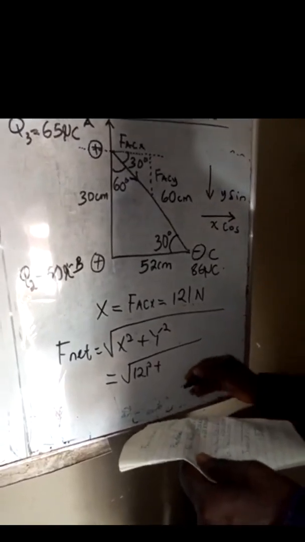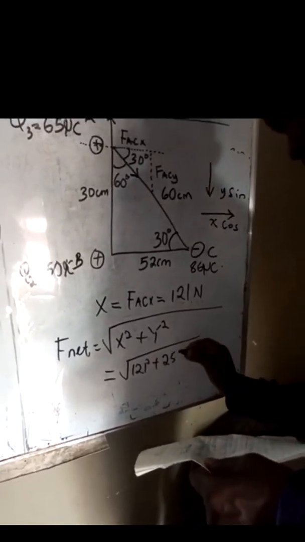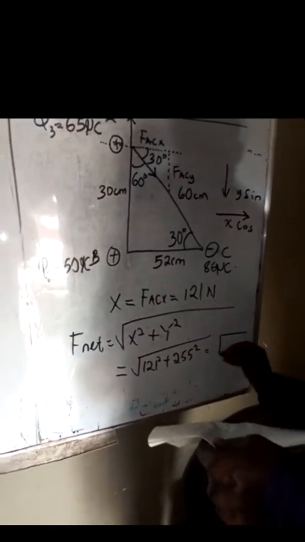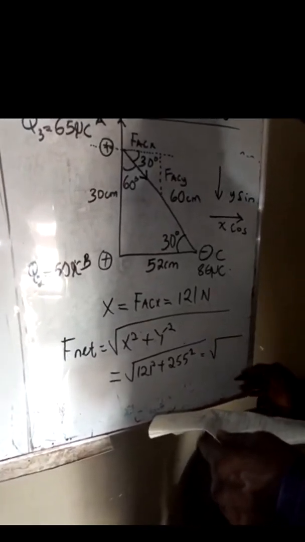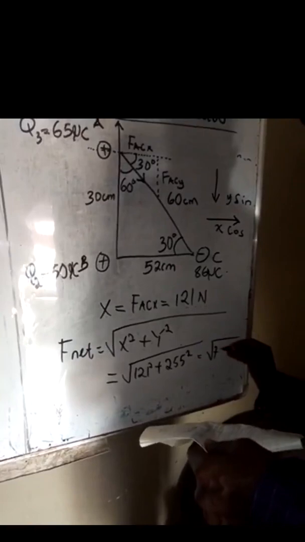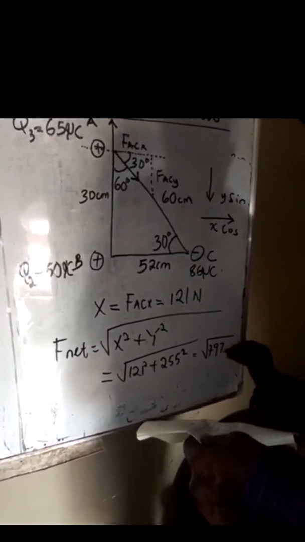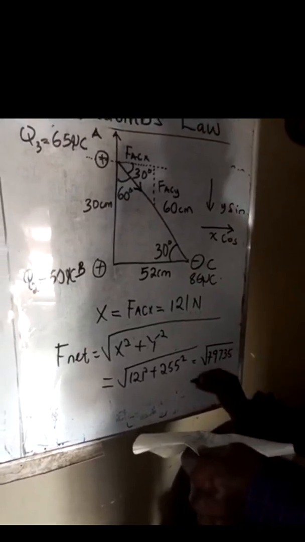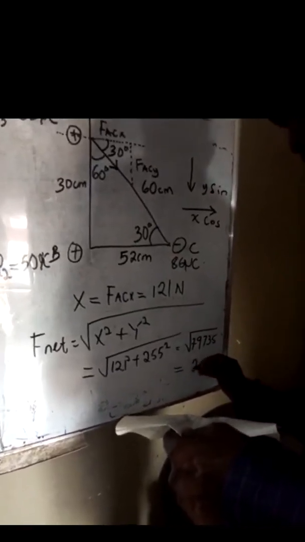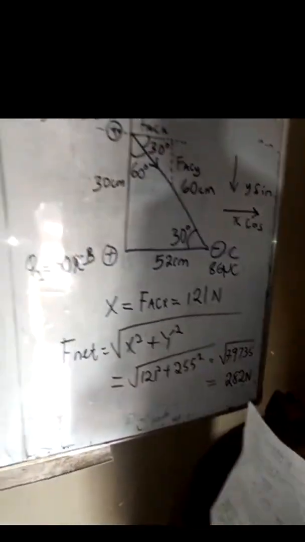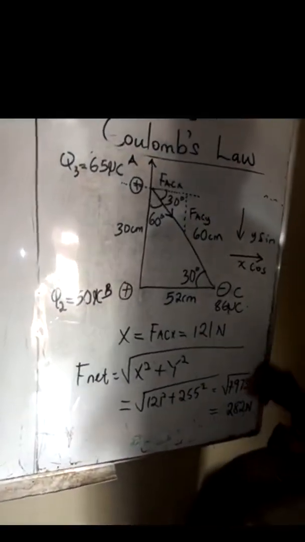Our y is 255. 255 squared. So by the time you square both numbers, you are going to have 79735. So by the time you take the square root, your answer will be 282 Newton. So that is your net force.